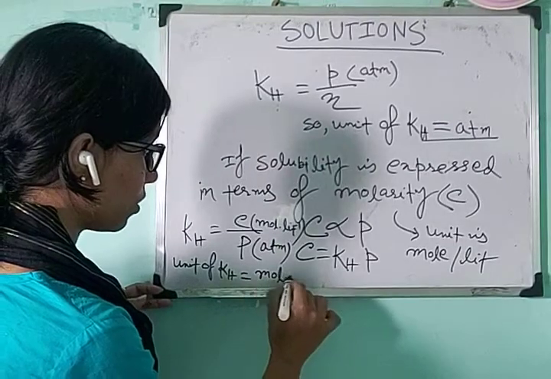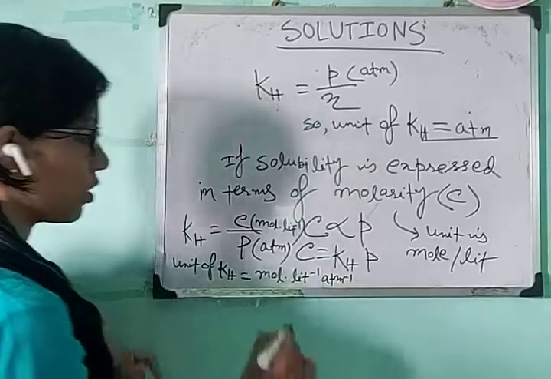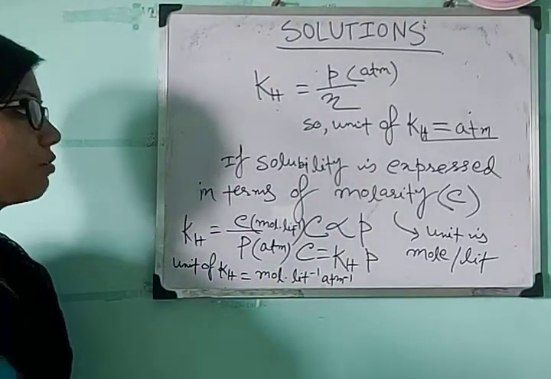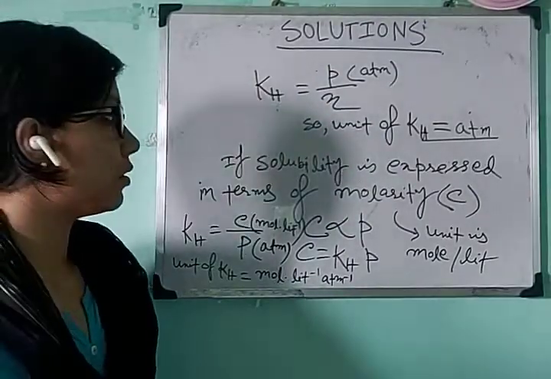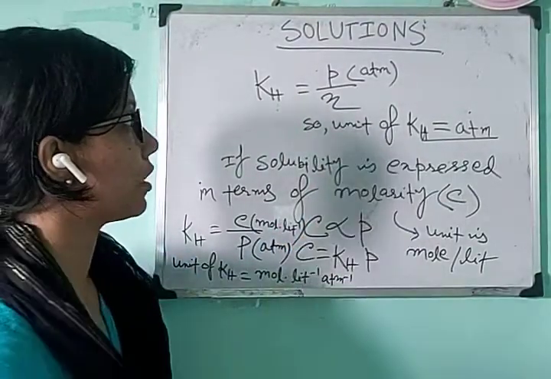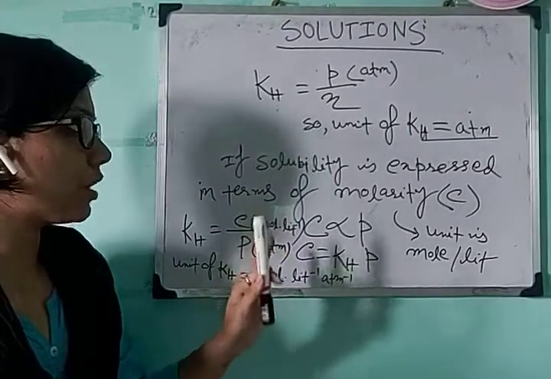This is the unit of Kh when we take the solubility in terms of molarity, and the other is the unit when we take it in terms of mole fraction. So these are the 2 units and 2 factors.